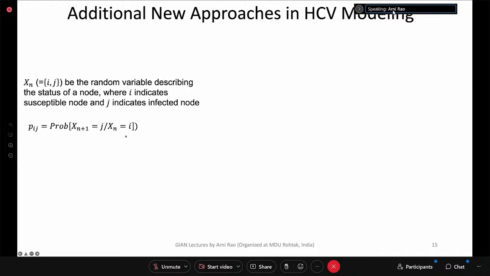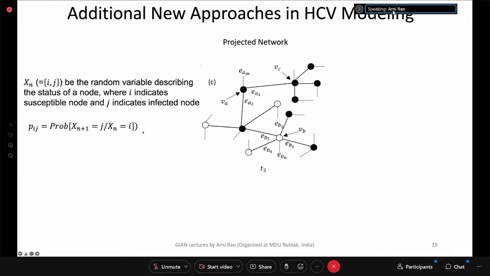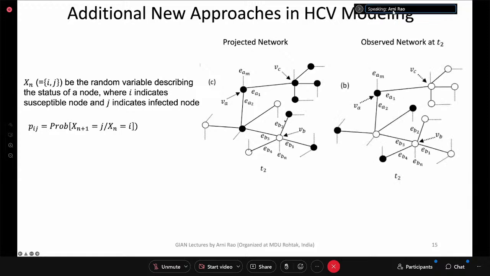So susceptible becoming infected, or infected becoming susceptible, which would be Pji. At another time step, some of the individuals are infected again, and the infection is spreading. Using this kind of networks at two or more time points, we can compute Pij from the data, and this Pij can be used to understand the transmissions at the population level.